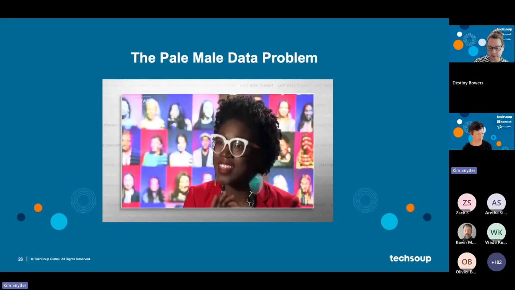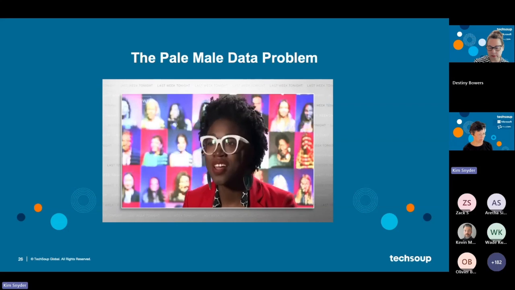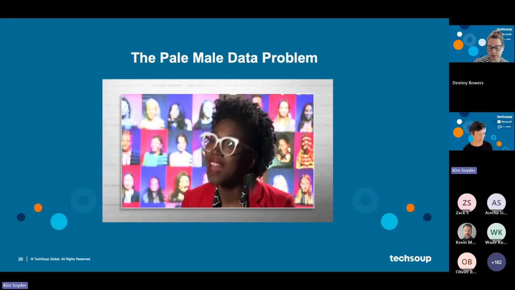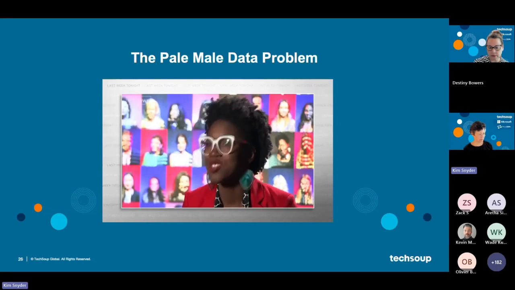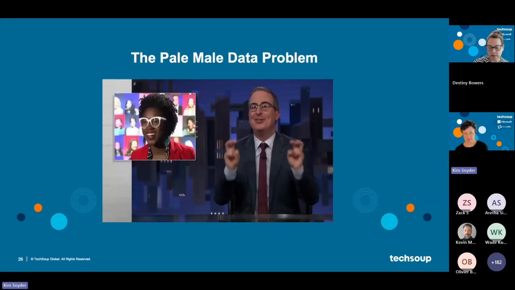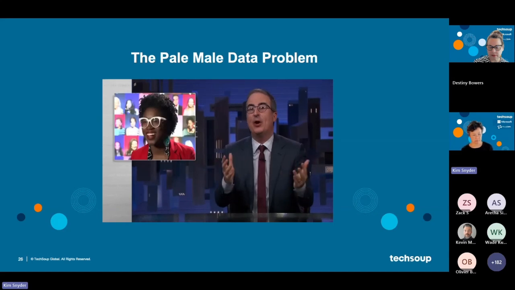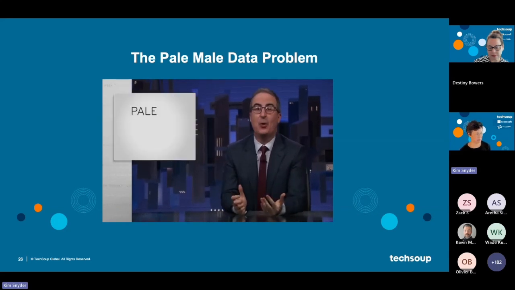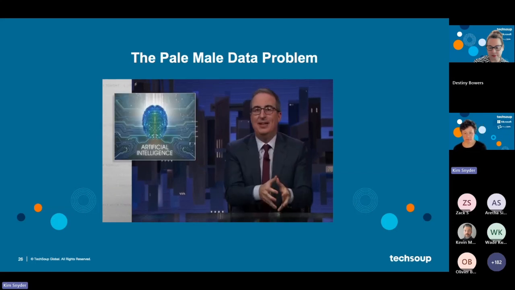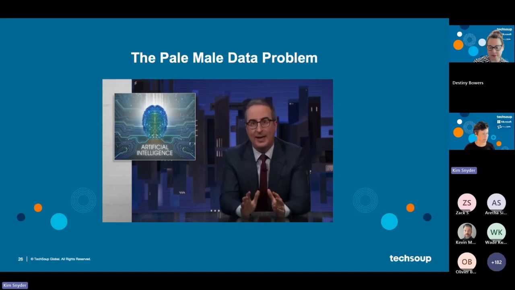As I started looking at the data sets, I learned that for some of the largest data sets that have been very consequential for the field, they were majority men and majority lighter-skinned individuals or white individuals. So I call this pale male data. Okay, pale male data is an objectively hilarious term, and it also sounds like what an AI program would say if you asked it to describe this show. But biased inputs leading to biased outputs is a big issue across the board here.